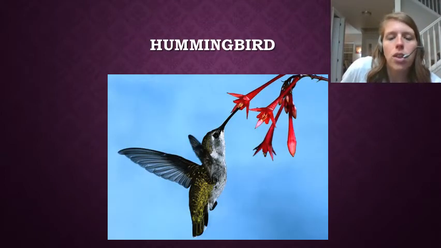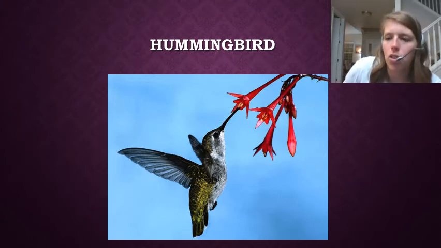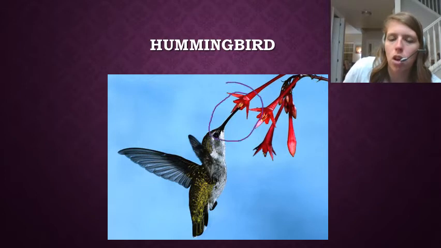Let's talk about some of the adaptations that we see around that show animals meeting the challenges that are before them. So hummingbird, obviously if you had to circle one of the characteristic parts of this hummingbird, what would it be? Probably this long nose, right? Why do they have that long nose?